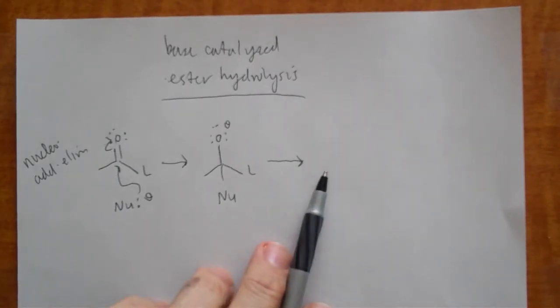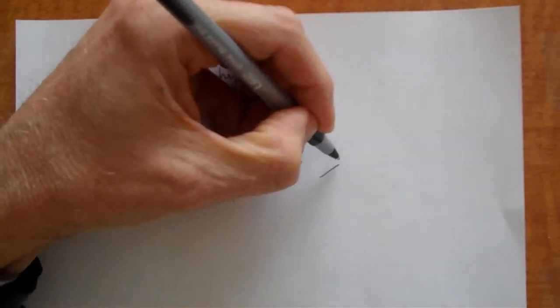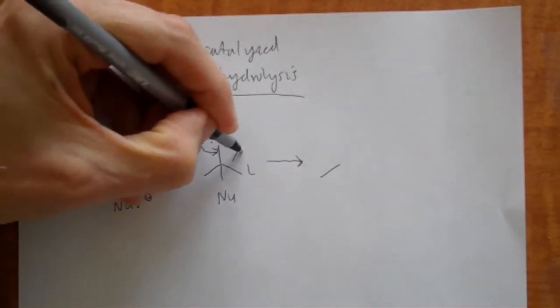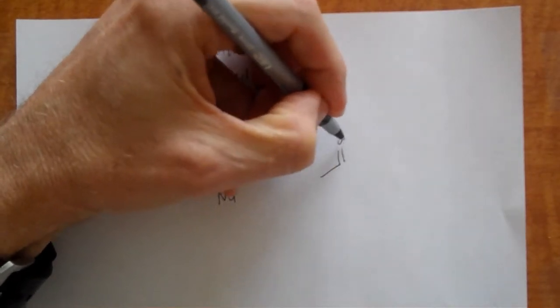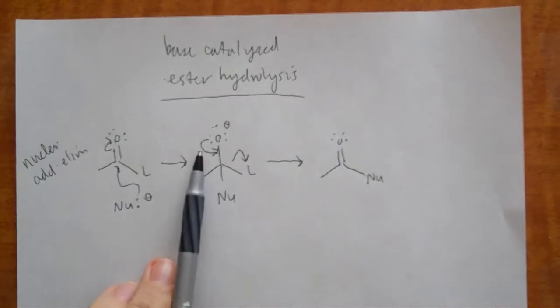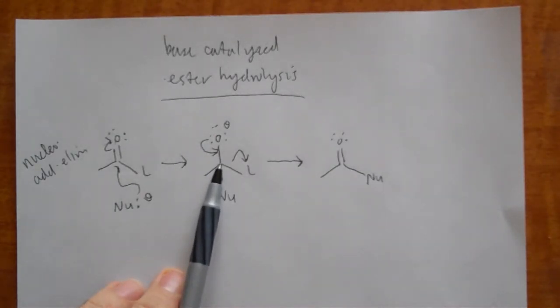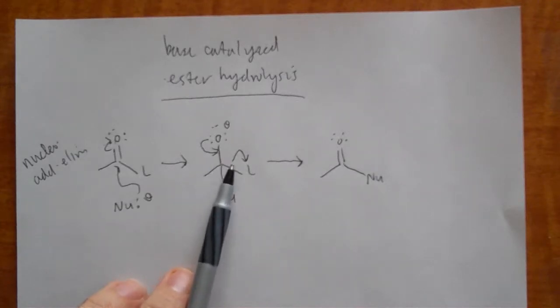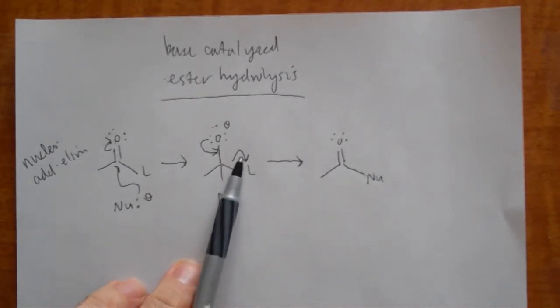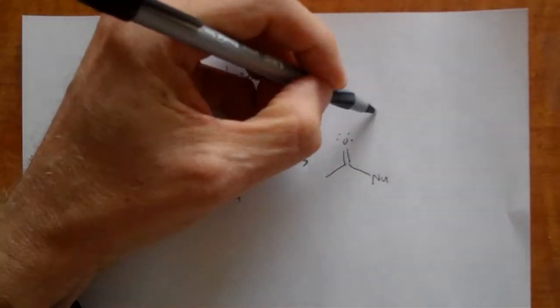Pause the video and draw that picture. So the next step is, these are the electrons that are likely to be doing the attacking, I would say, right? And they come down and attack that carbon, make a pi bond, and these electrons go off with the leaving group. Okay, so that's nucleophilic addition-elimination.